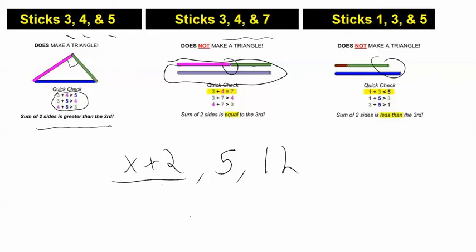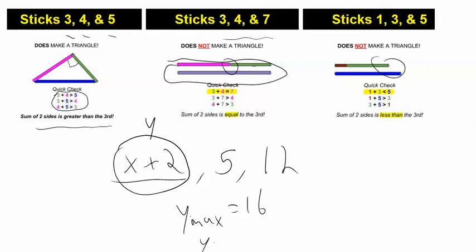What I'm going to do is ignore this x plus 2 and just treat this whole thing as like a variable y. Okay. Well, what's the biggest value of y? Well, we found it to be, I'll call it y max, is equal to 16. What was y minimum again? Okay, that whole number for that third side was, sorry, I believe it was 8. Is that right? Yeah, that's 8. So there's the minimum, there's the maximum.